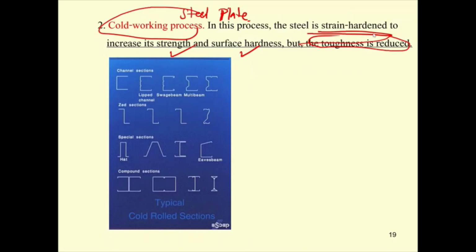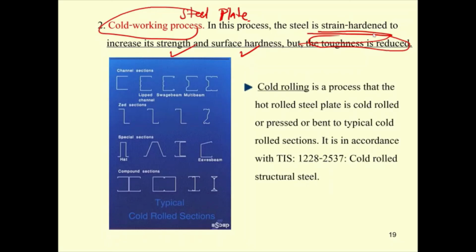This is usually used for cold-formed sections used in minor structural members. And the process is called cold rolling. It's cold rolling, not rolled when it's hot, it's rolled when it's cold. And this must follow TIS 1228.